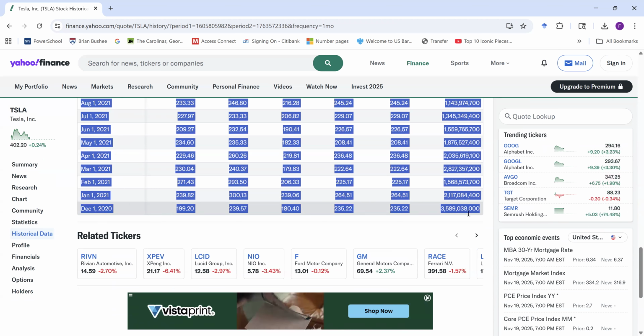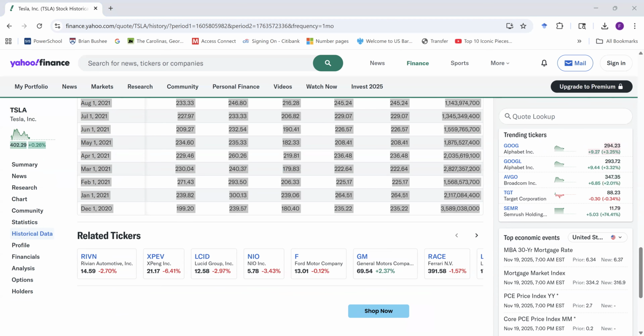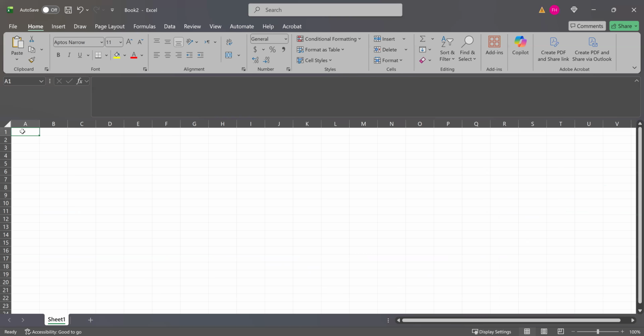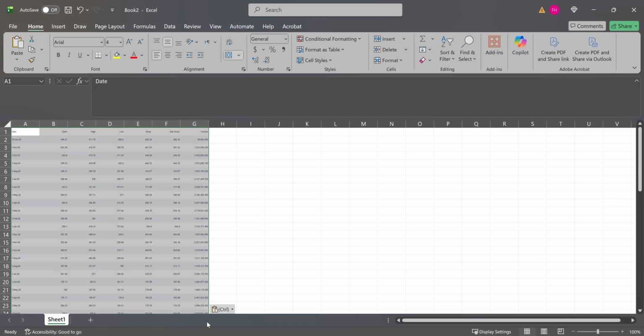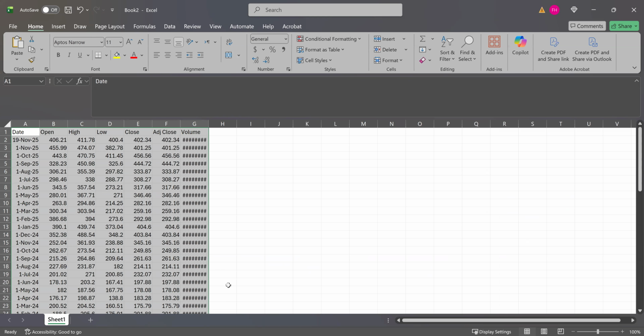So I'm gonna copy this data and paste it in a new Excel file. And here you can change the paste options. So let me share the Excel file. Okay.